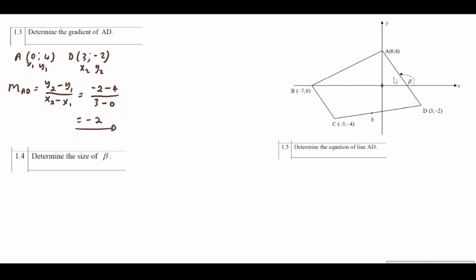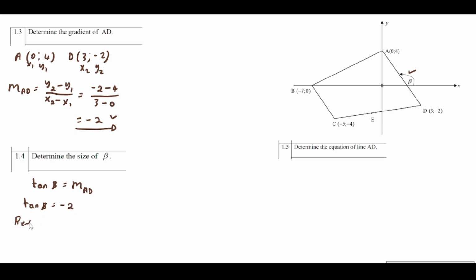1.4, determine the size of beta. This is the angle in question. The formula that we are going to use is tan beta equals m. This angle is on the line AD, so we're going to use the m of AD, which is the one we just calculated. So tan beta is equal to -2.